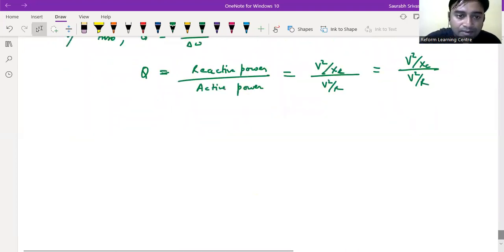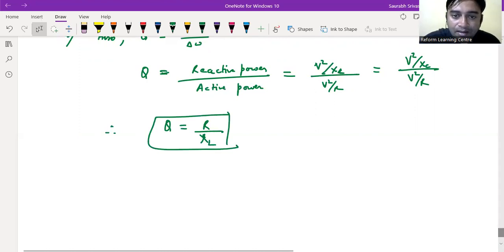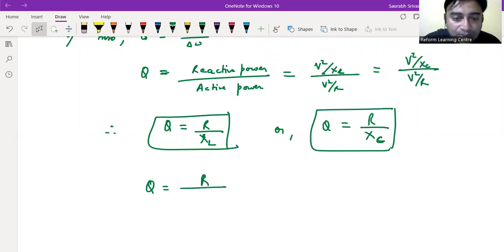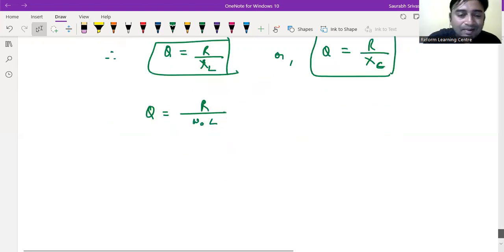Therefore, Q will be equal to V square cancel. It will be R upon XL. और Q will be equal to R upon XC. आप दोनों में से कोई भी फॉर्मूला यूज कर सकते हैं. With both formula, you will get same result. Now, Q will be equal to R upon XL. XL is what? Omega naught L. Put the value of omega naught.